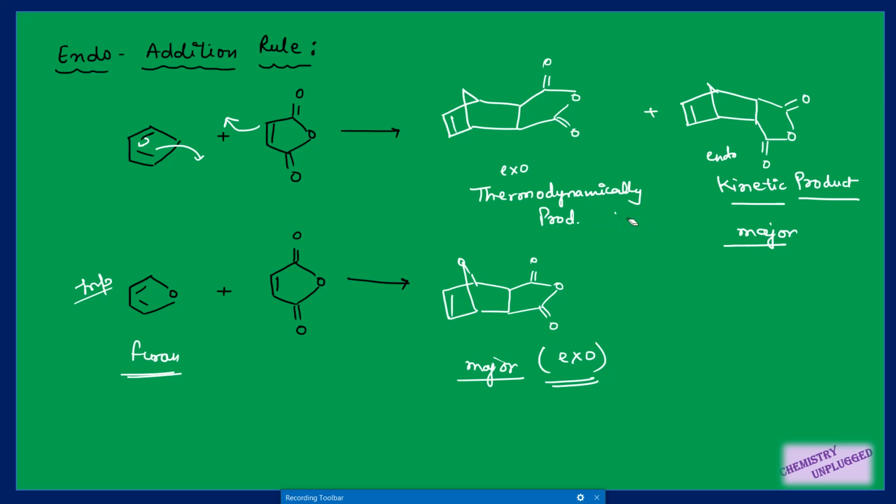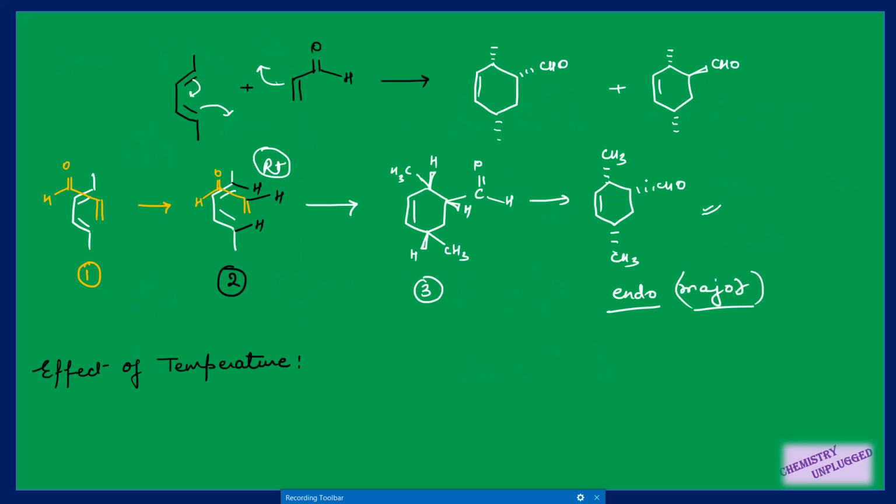At high temperature exo product is favorable, but not all the time are temperature conditions mentioned. They will simply give you heating, so you cannot decide in that case. So if you are given very high temperature, then you can consider the formation of exo product. Otherwise at low or moderate temperature, endo product will be the major product.